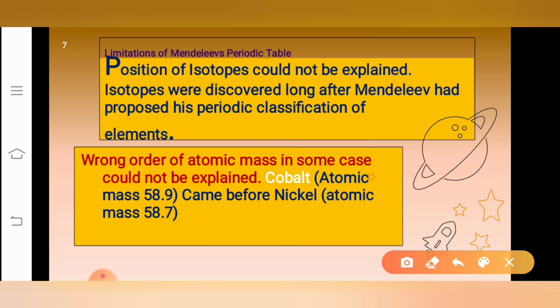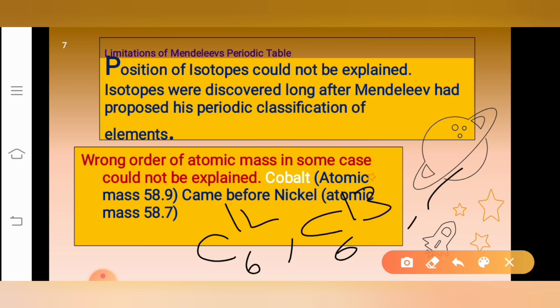Okay, you know what isotopes are, right? Isotopes are the elements which have the same atomic number but different mass number. For example, C-12, C-13 and C-14, right? These are all the isotopes of carbon.